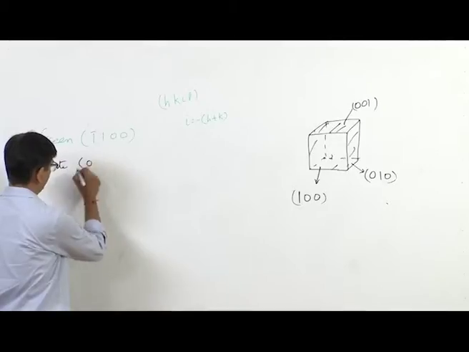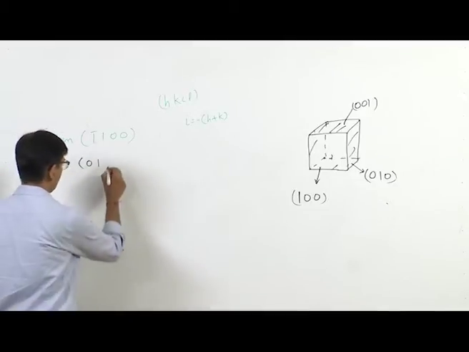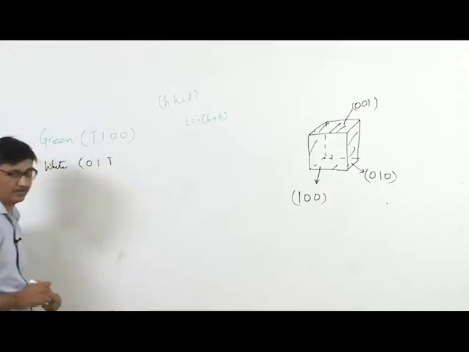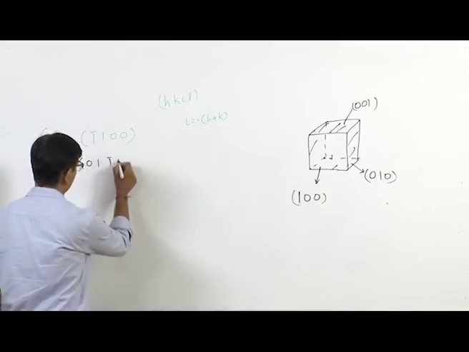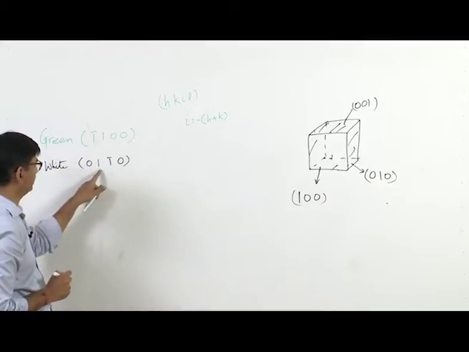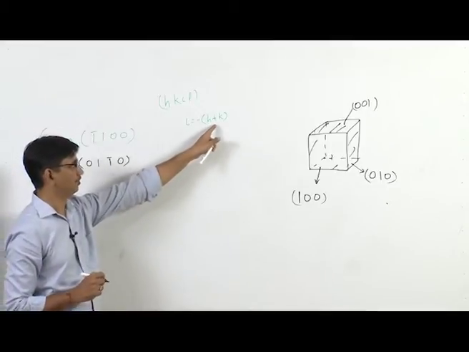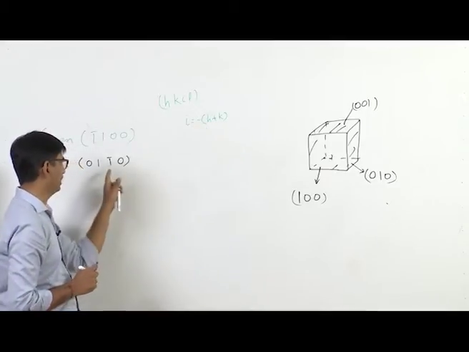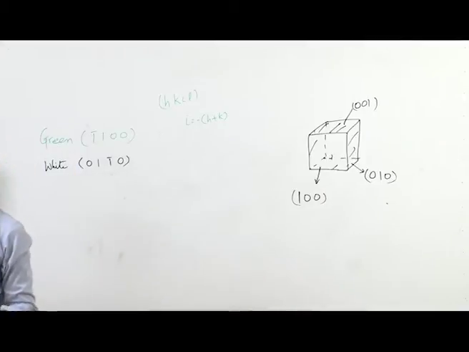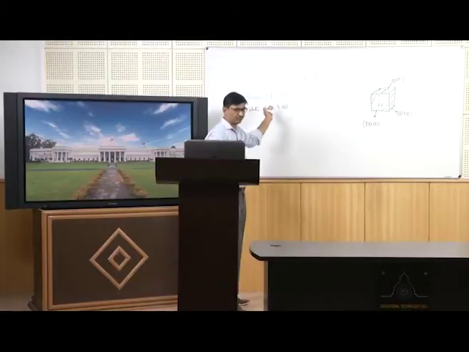So, in A1 it will be 0, A2 it will be 1, A3 it will be negative 1, C again it is parallel to C. Again you can check whether this is followed here: H is 0, K is 1, 0 plus 1 is 1, minus of that, it is coming negative here. So, we are still doing it correctly. So, like that we can do for all prisms, and you will see all will have very similar indexing.